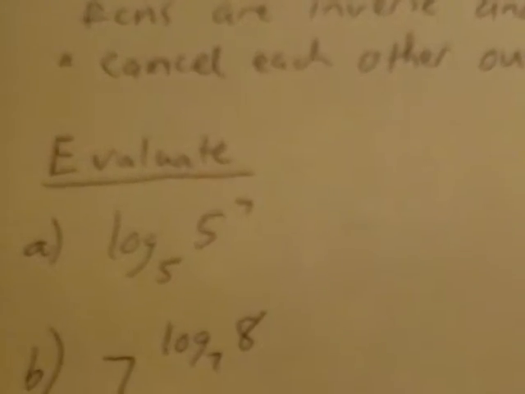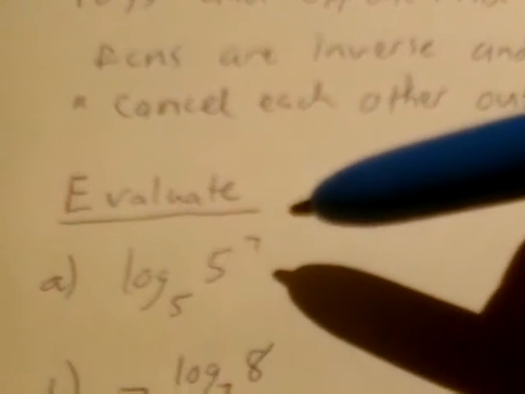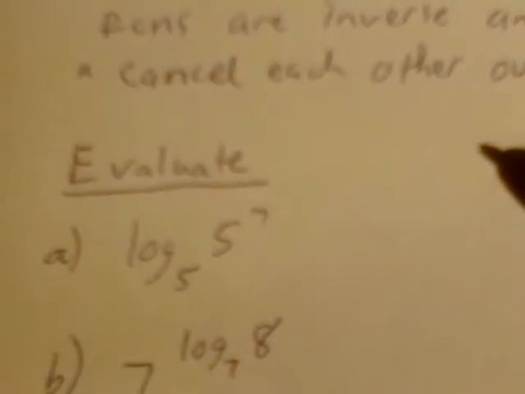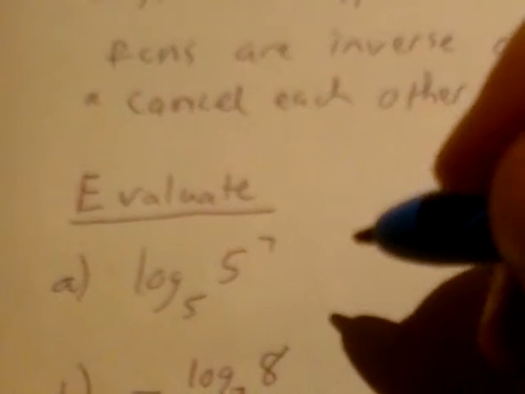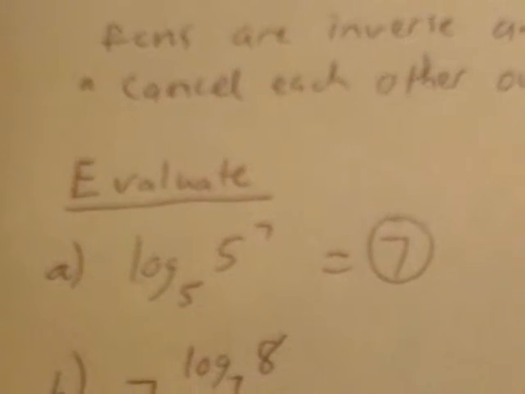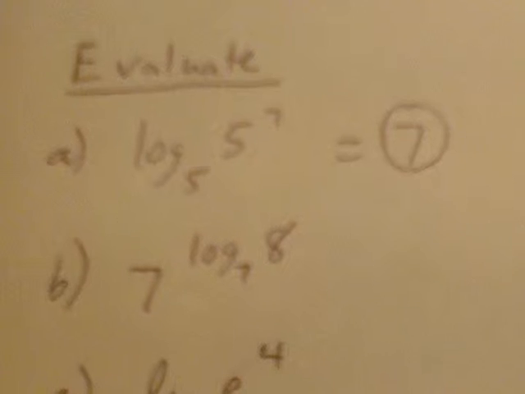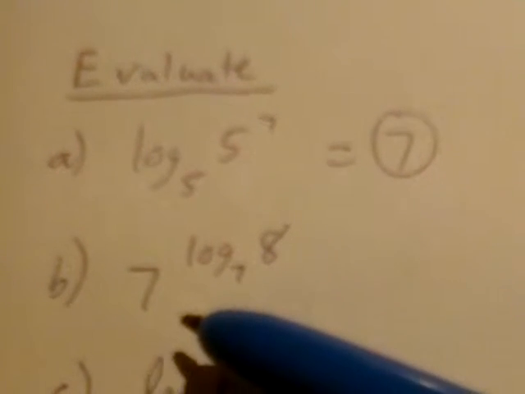We're going to evaluate the first one here, where it says log base 5 of 5 to the 7th. Well, we just talked about this: log base 5 and 5 to the cancel each other out, so log base 5 of 5 to the 7th is just 7. Couldn't get any simpler than that. Let's try the same trick down here. Here we see it again just in a different form.